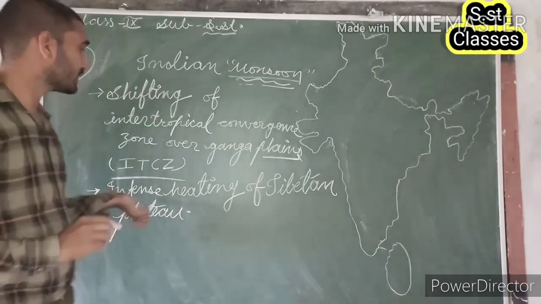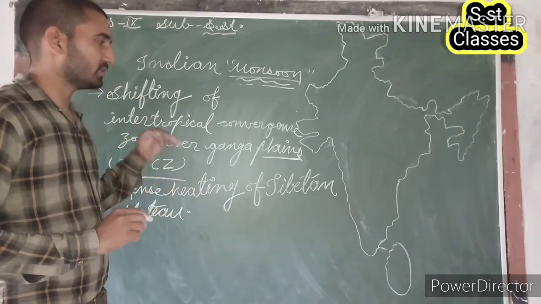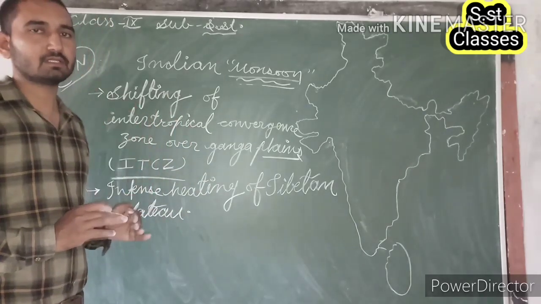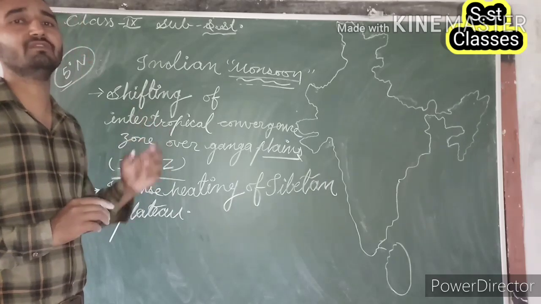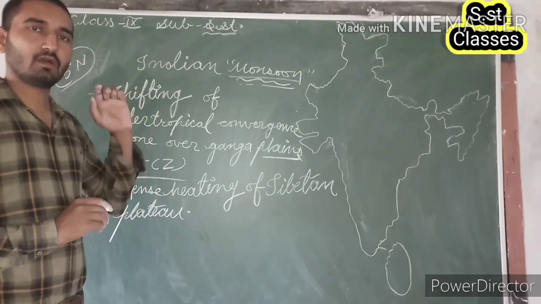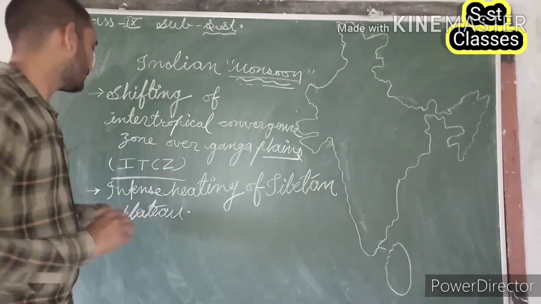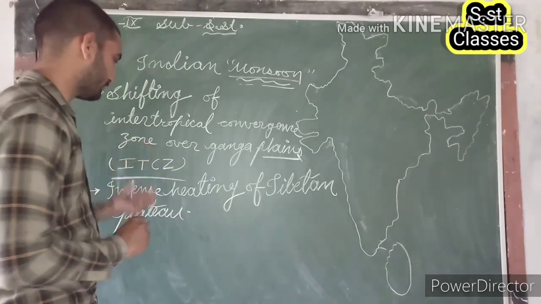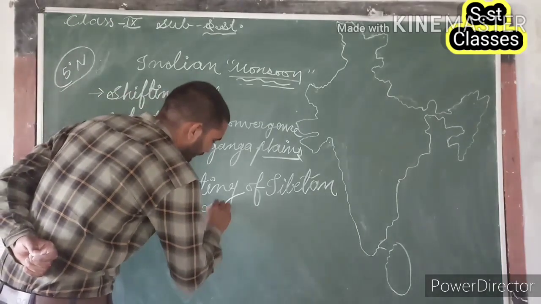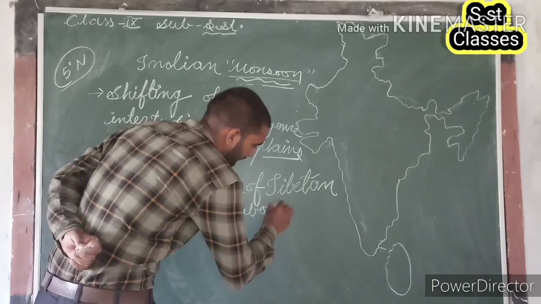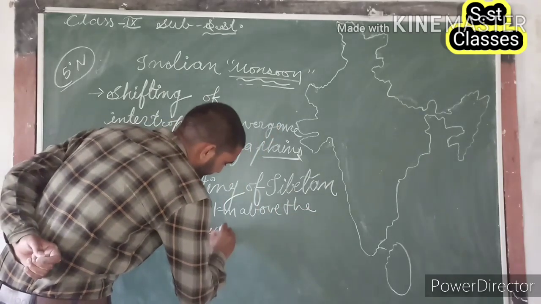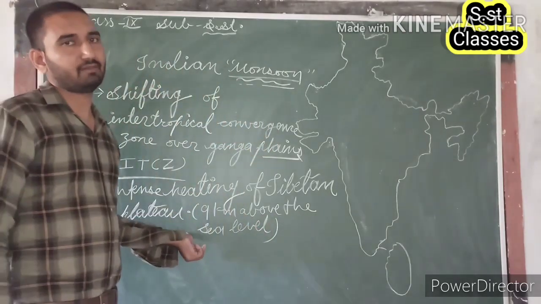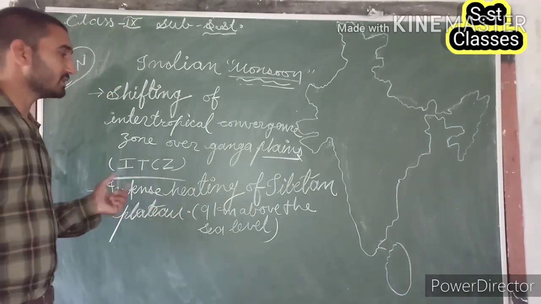Means during the summer season, the temperature in the Tibetan Plateau intensely increases, and this increase in temperature results in generation of air currents, and along with that, this intense heating of the Tibetan Plateau creates a high pressure zone in the plateau region 9 kilometers above the sea level. So in this way, another responsible factor is intense heating of Tibetan Plateau.